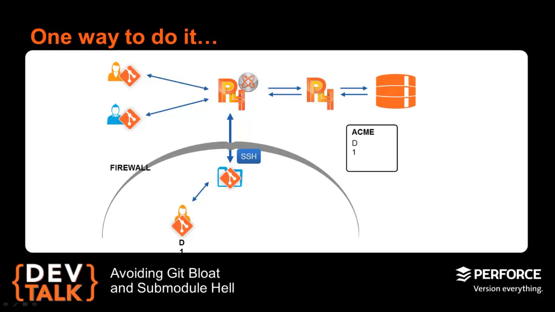In this scenario, XYZ Corporation has decided to manage their contributions via a single Perforce user account called Acme. However, Acme may have several developers, and so someone has to keep track of those developers. One way to do that is through the user map facility in Git Fusion. It's under the Git Fusion user directory, and we created one earlier when I mapped my open source project.